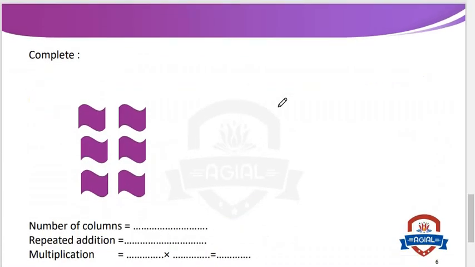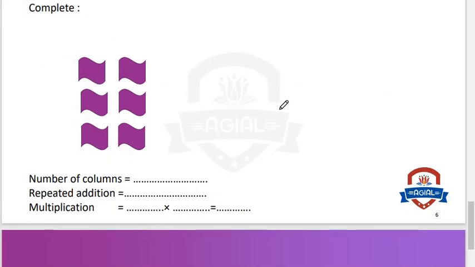Okay. In here, about columns. How we can multiplication about columns. These 3 ways are very, very important. Okay. Number 1, number of columns. Do you know that columns go from up to down? So we have how many columns? Who can say? Yes, super, 2 columns. Okay, repeated addition.